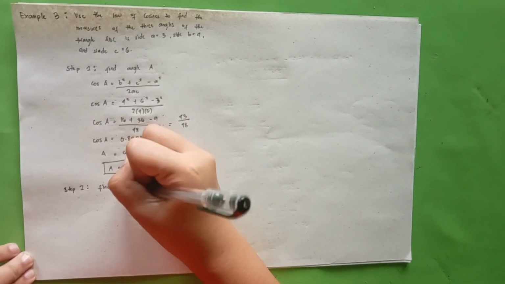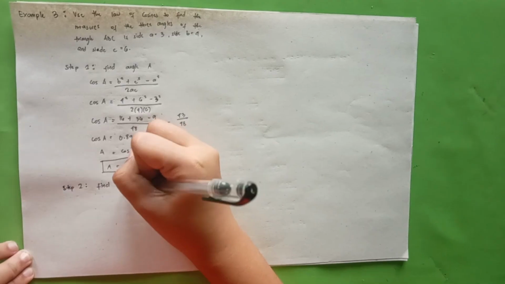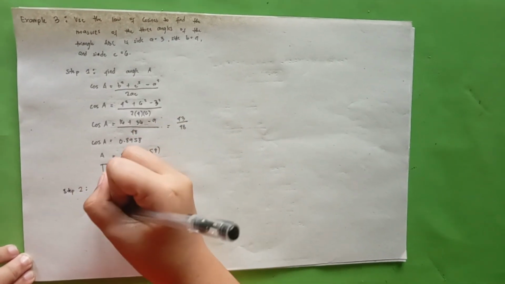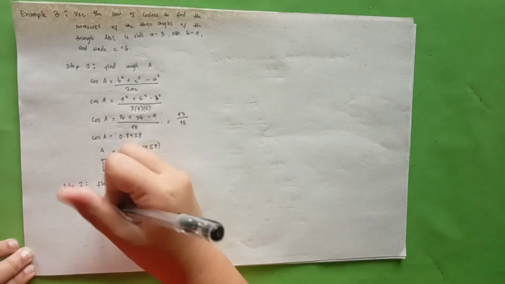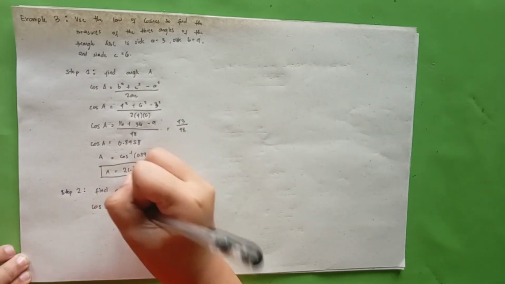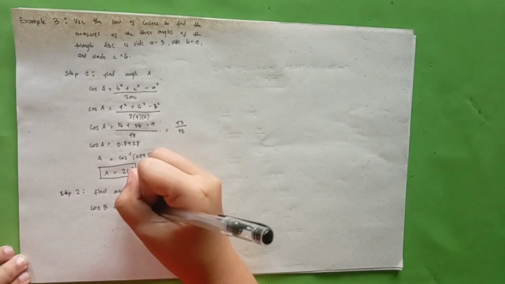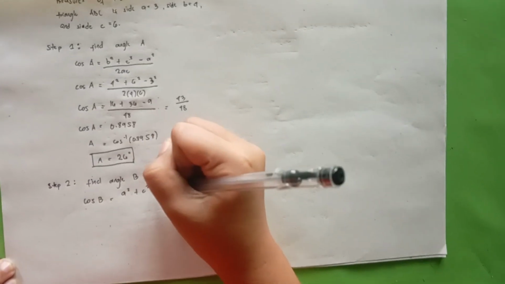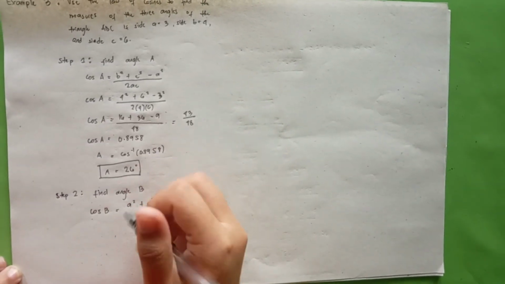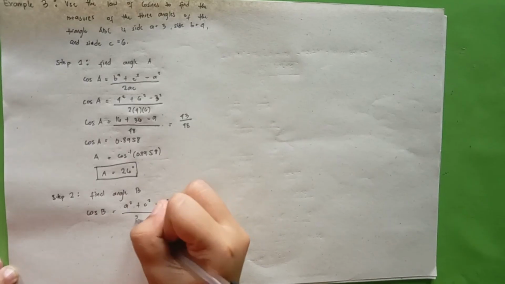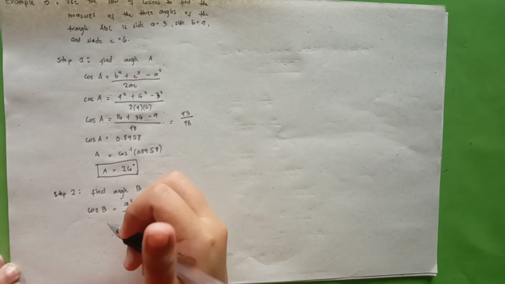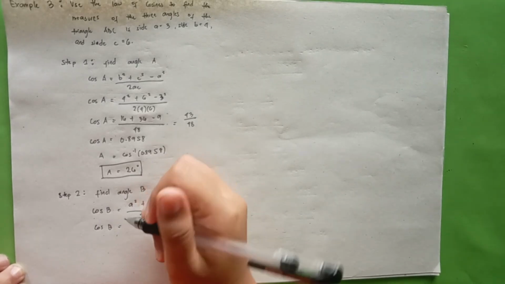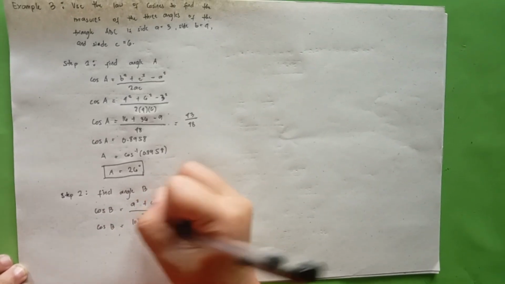Next, we will find our angle B. We apply the law of cosines to find angle B. Then, we substitute the values.